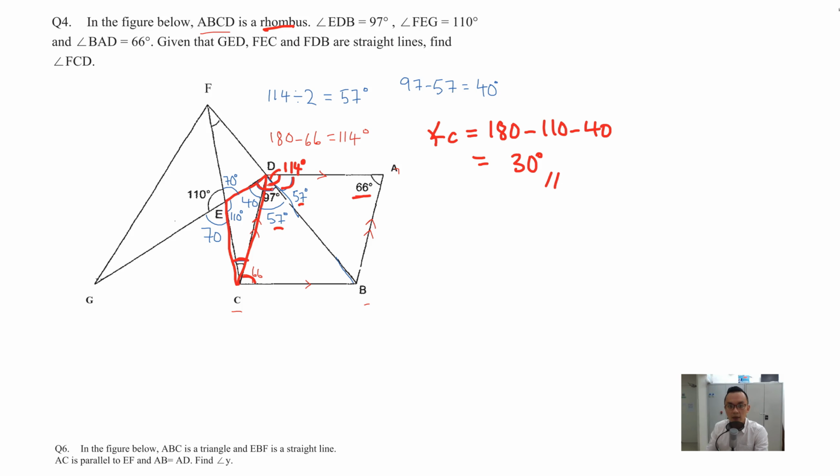My angle here is 97, therefore this is 97 minus 57 is 40. So when I look at this triangle EDC, to find angle C, I take 180 minus 110 minus 40, I get 30 degrees. And that's the angle FCD, which is the angle that I am looking for.